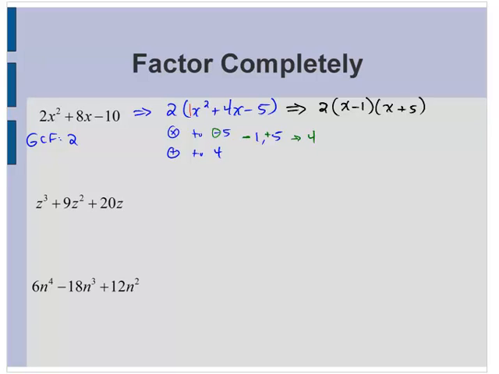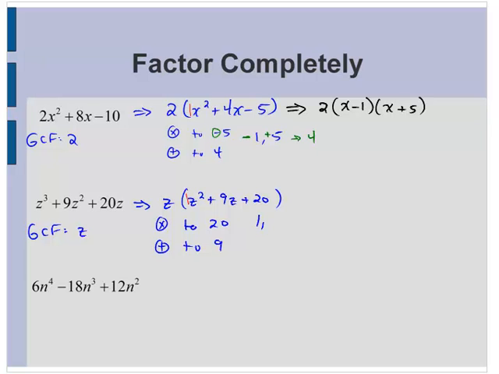All right, z cubed plus 9z squared plus 20z. These have a GCF of z. So I would write this as z times z squared plus 9z plus 20. Now there's a lead coefficient of 1 on the trinomial. So I'll find a pair of numbers that multiplies to 20 and adds to 9.